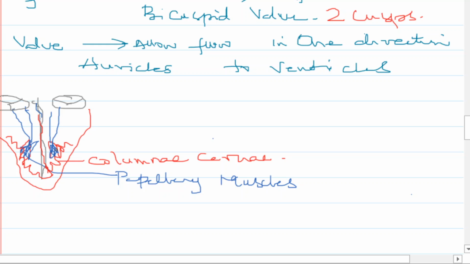These papillary muscles get attached to the bicuspid and tricuspid valves. These strings are called chordae tendineae.